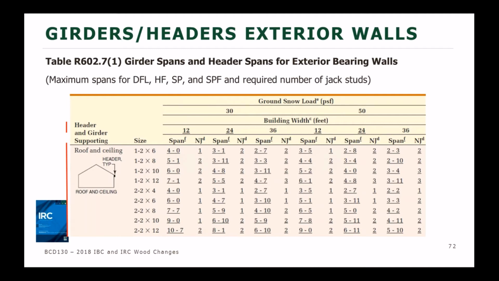The IRC also has the same footnote for a dropped header. For example, when you're at the front of a garage and the garage door is only 7 or 8 feet tall, typically the construction will drop a header onto that and then put studs up above it. That's all good, but with the 2018 code, we're going to have to actually reduce the capacity of that header by 30%.